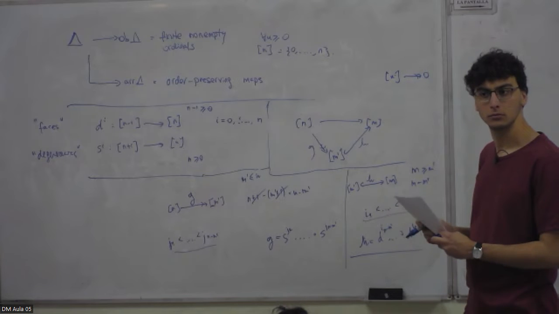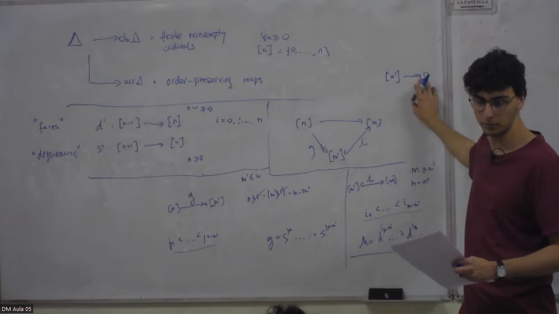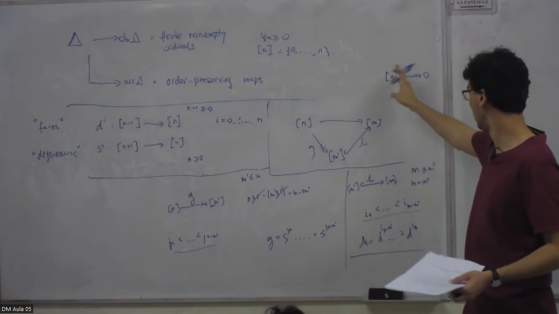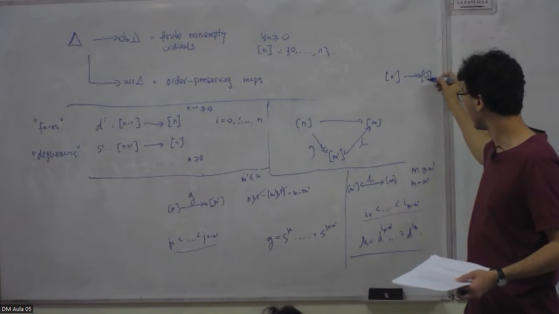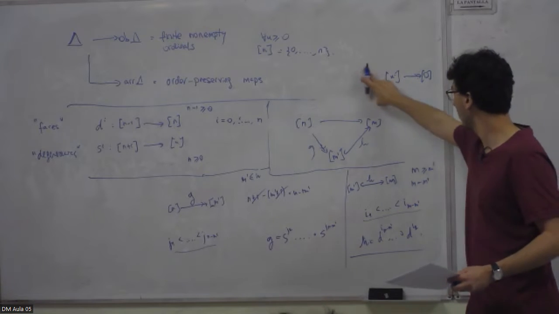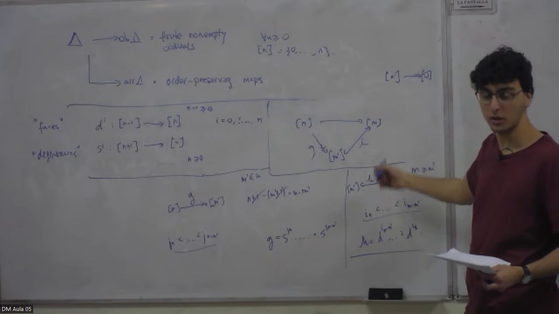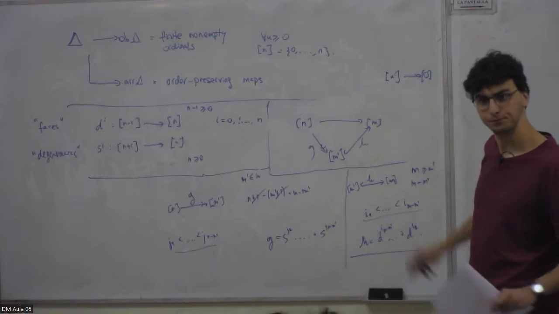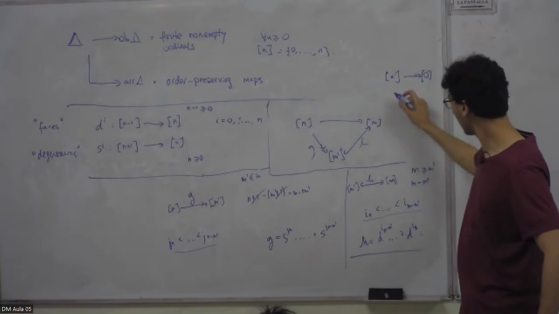That's only one such map, because everything has to go to 0, of course. But in this special case, you have from 2 to 0.